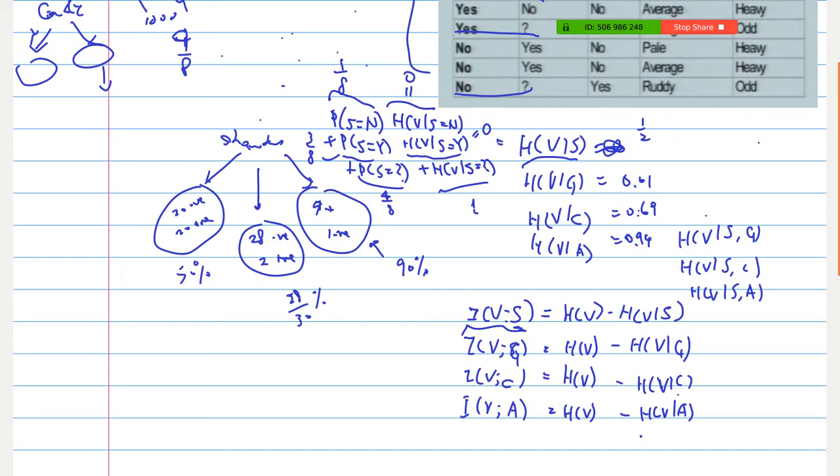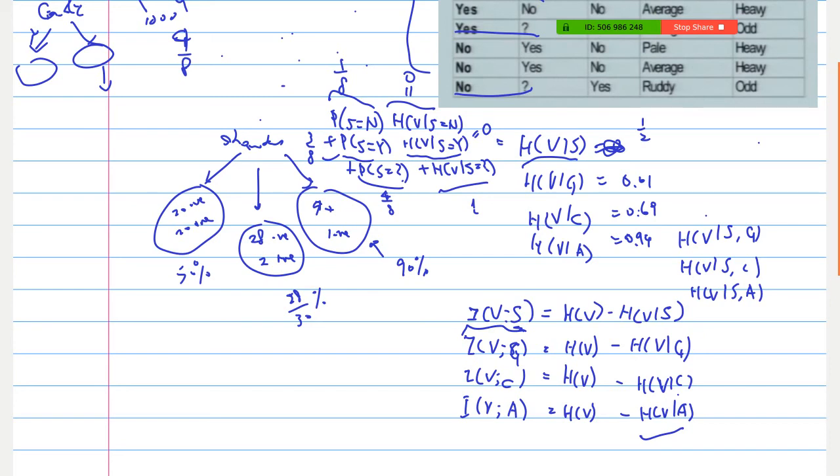So minimizing these terms here will be equal to maximizing these terms here. Maximizing the mutual information means that we want the biggest intersection between V and S.